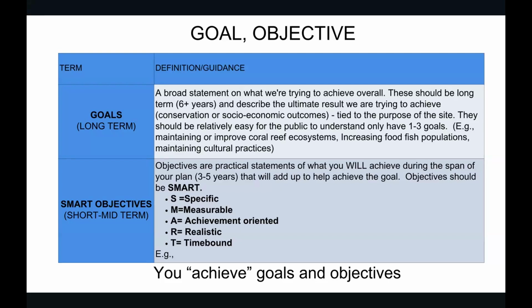It could be for certain sites, but you want to think about, is this realistic, or are we setting ourselves up for failure because we've aimed too high? And they're time bound. They're basically saying within 2 years, we're going to achieve this, or in the next 5 months, we're going to achieve this. So you achieve goals and objectives, meaning they're end results, you've accomplished something.